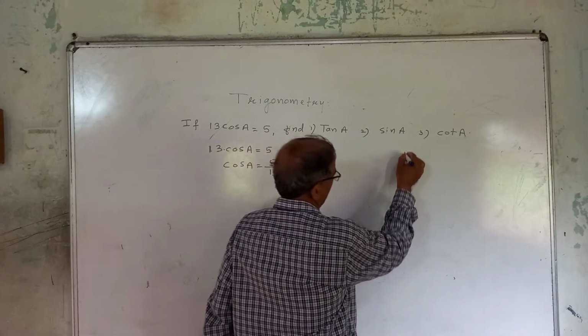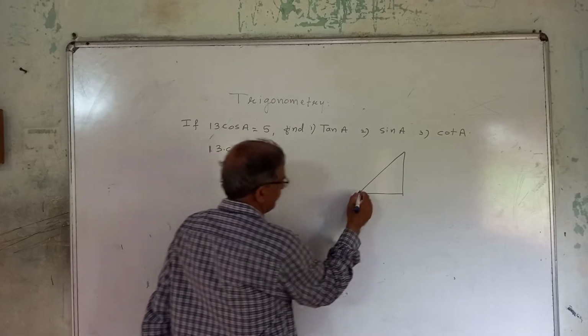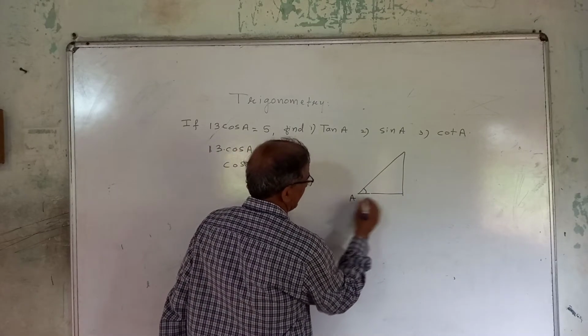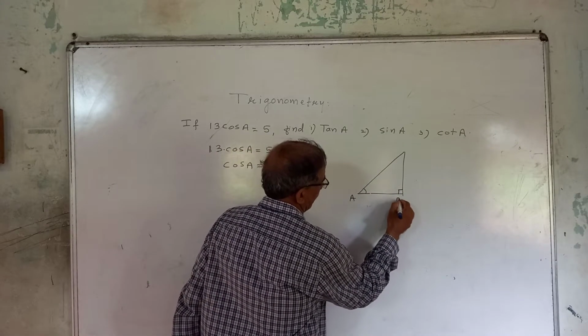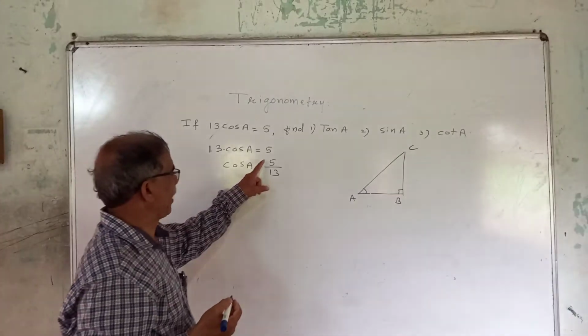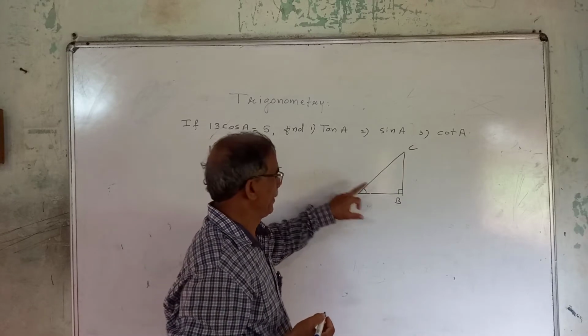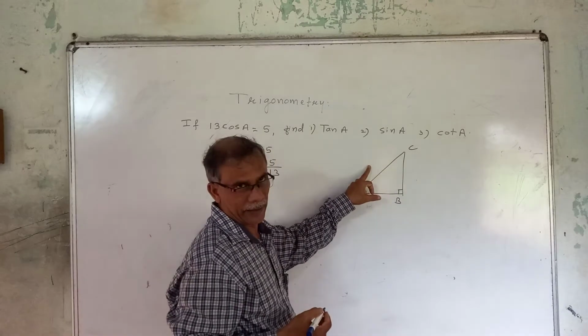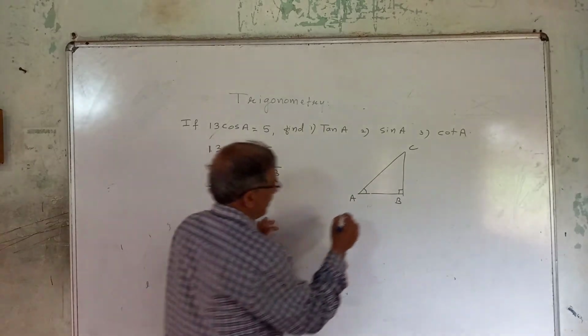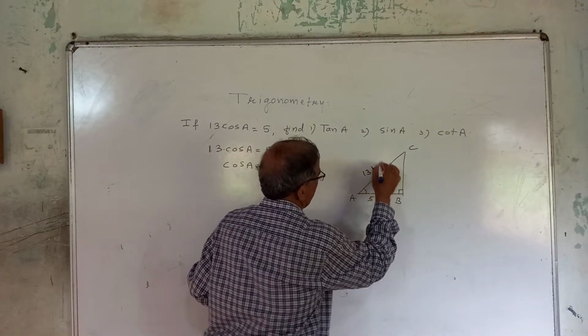You draw one right angle triangle. Cos A is given, name this angle as A and then name the vertices A, B, C. Cos A, how much? 5 by 13. Cos is which side upon which side? Adjacent upon hypotenuse. So this is 5 in 5 parts, 5k, and this is 13k.